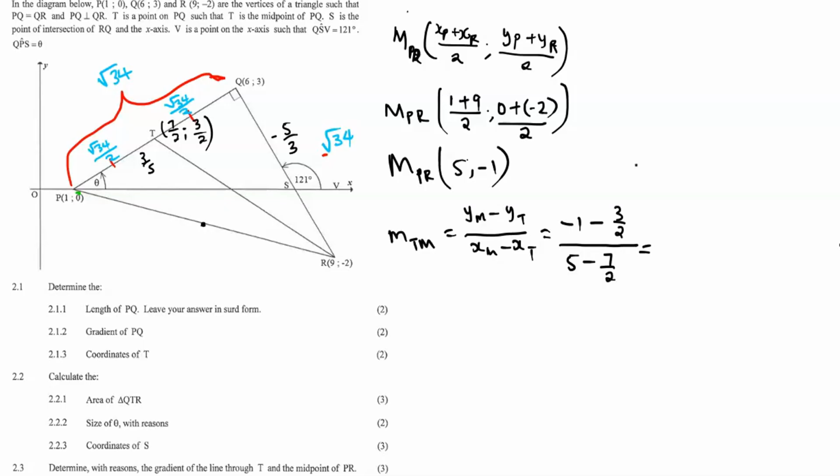So it's -1 minus 3/2, all that over 5 minus 7/2, and we get -5/3. Now, as we can see, if this line has the gradient -5/3, that means this line is actually parallel to QR, as we can see.